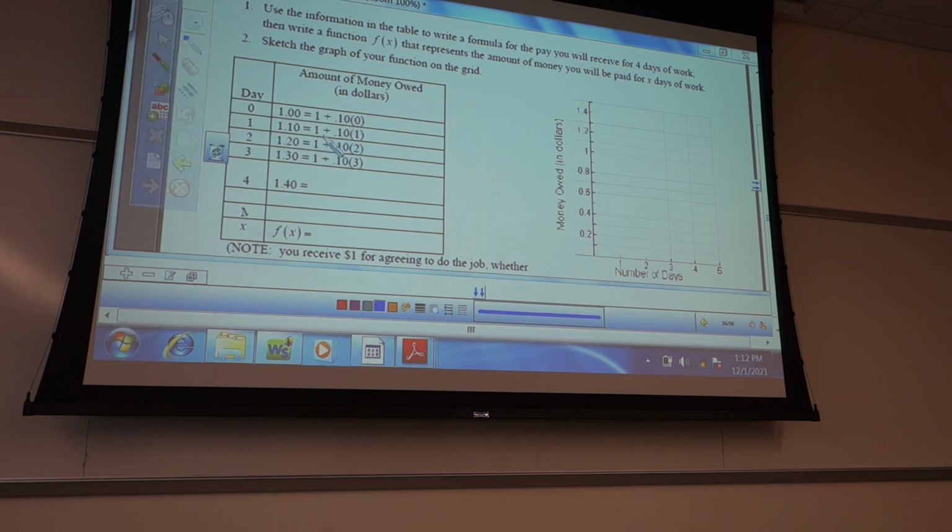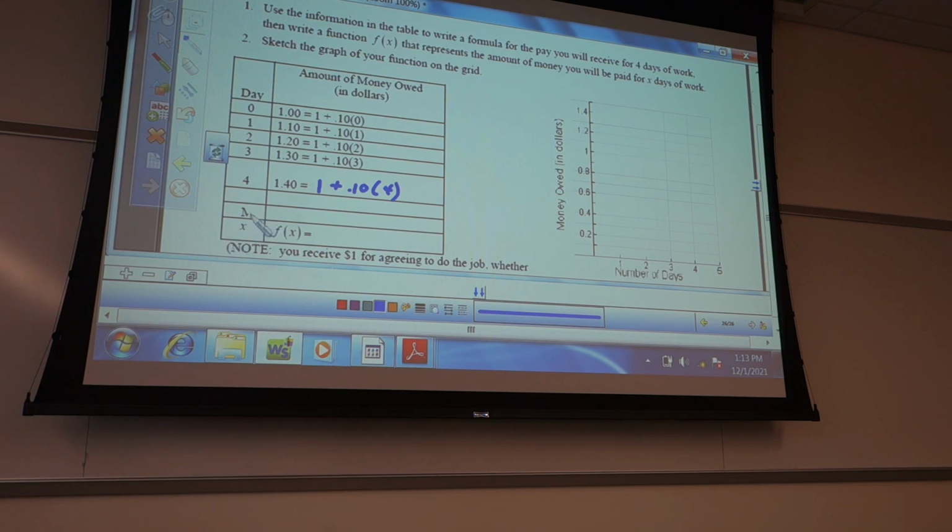Second day you get $1 plus one 10-cent because you've done it for one day. Third day, $1 plus 10 cents twice, $1.20. So the fourth day would be $1 plus how much? 10 cents times 4.